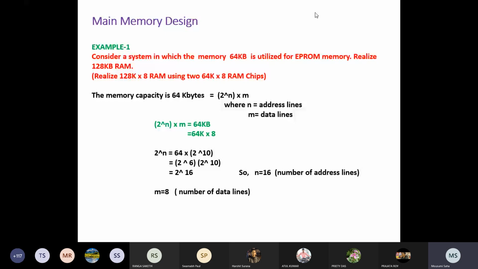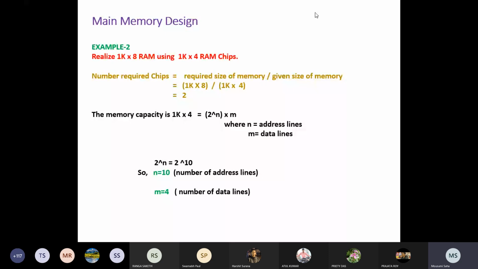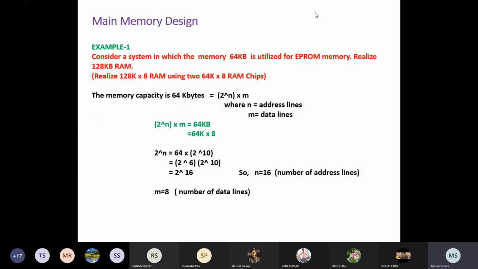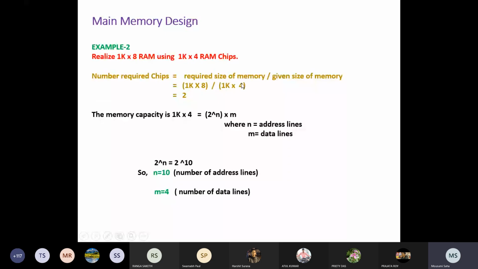In the last example I considered a 64k by 8 RAM, but sometimes you have to compute the number of chips you require to design your whole memory unit. Here the given memory is a 1k by 4 RAM chip, and you have to design 1k by 8. So you have to compute the number of chips required.